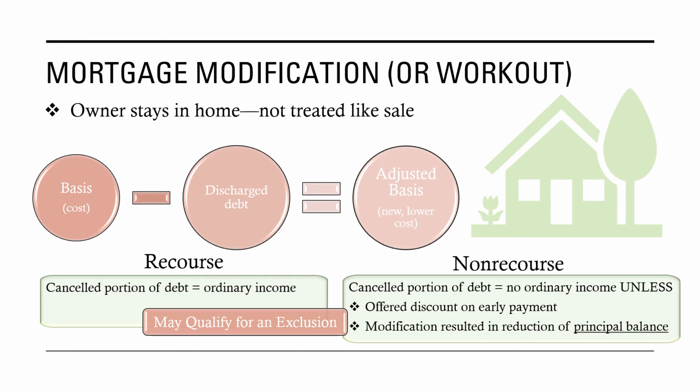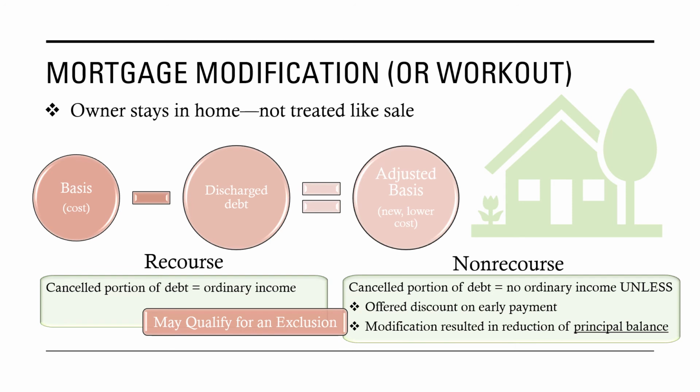So in this case, the discharge of debt lowers that basis, right? It's like as if they were getting paid back or refunded some of that cost. So they had the original cost and then they lowered it by the amount of the discharged debt and they get an adjusted basis. So it's a new lower cost.